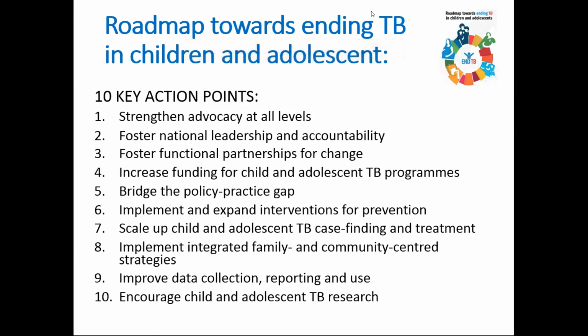Then fostering functional partnerships for change, making sure that there's increased funding for child and adolescent TB programs, and bridging the policy-practice gaps, ensuring that we have expanded and implemented interventions for prevention, and scaling up case finding and treatment, and ensuring that we have family-centered and community-centered strategies.